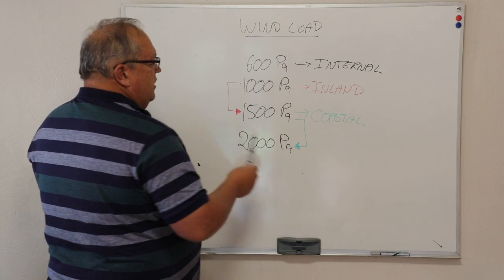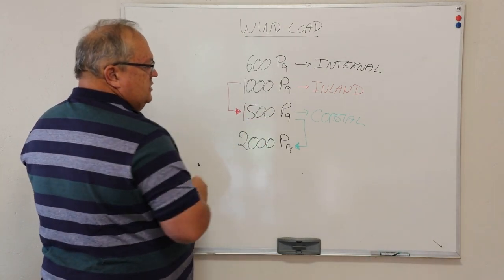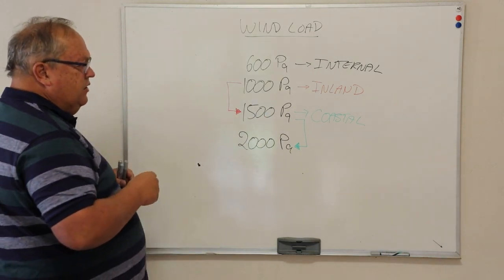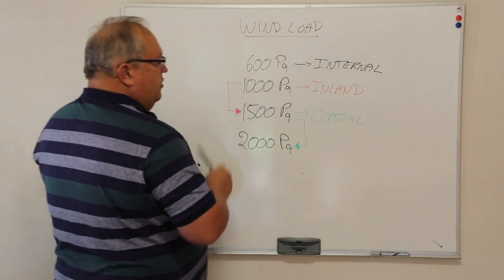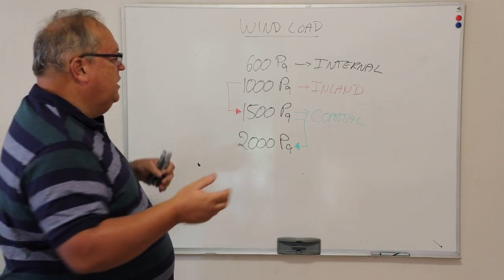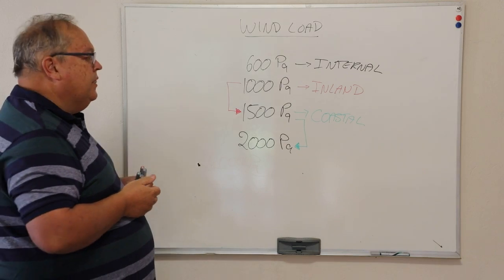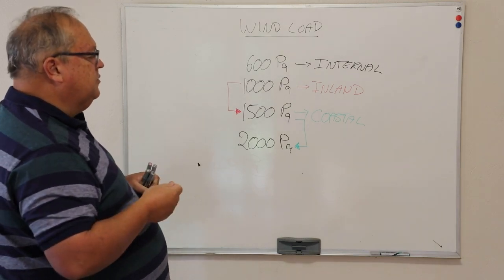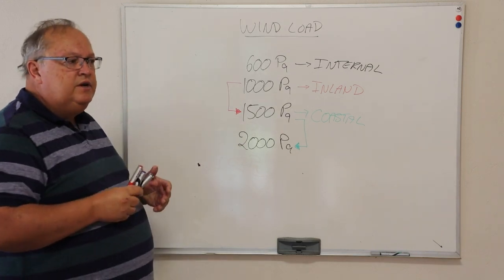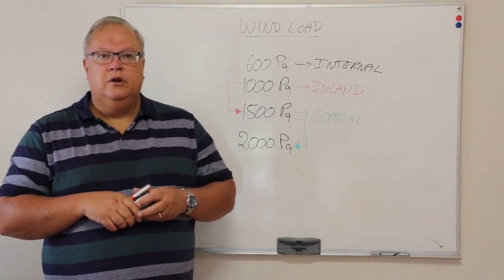You say, alright, it's internal, so I can work on 600 pascals, or I'm inland in a sheltered area, so I'll work on 1000 pascals, or inland in an exposed area from a wind point of view, I'll work on 1500 pascals, or alternatively, I'm working in the coastal region, so I would start at 1500 pascals if it was in a sheltered environment. If I was coastal and I was exposed from a wind point of view, I would specify 2000 pascals.